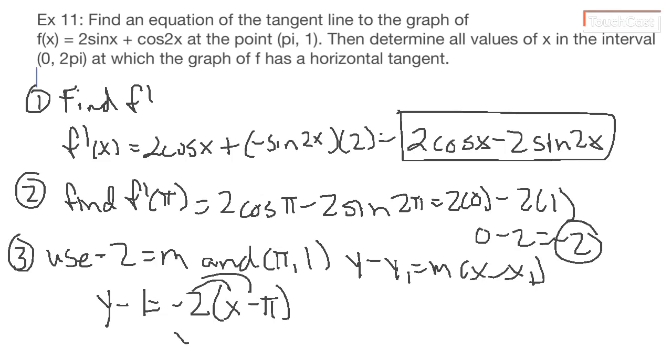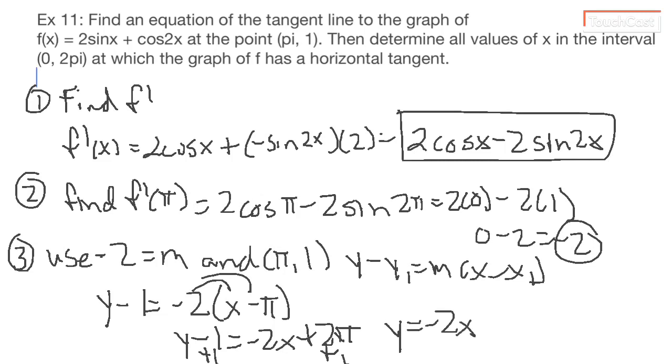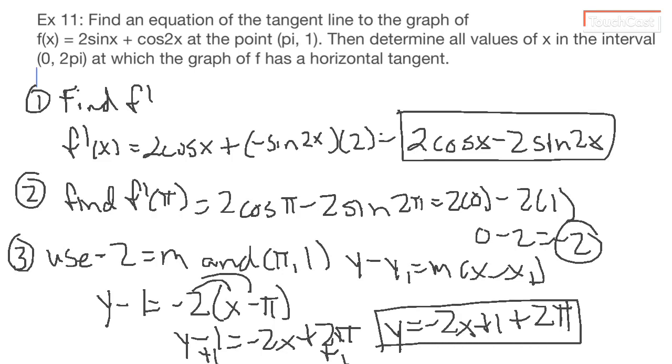We'll get y minus 1 equals negative 2x plus 2 pi. Then if we add 1, we'll get our tangent line to be y equals negative 2x plus 1 plus 2 pi, which was one of the things they asked us to do. Write the equation of our tangent line.